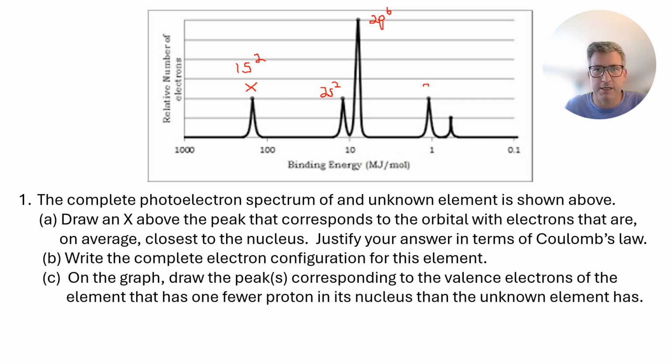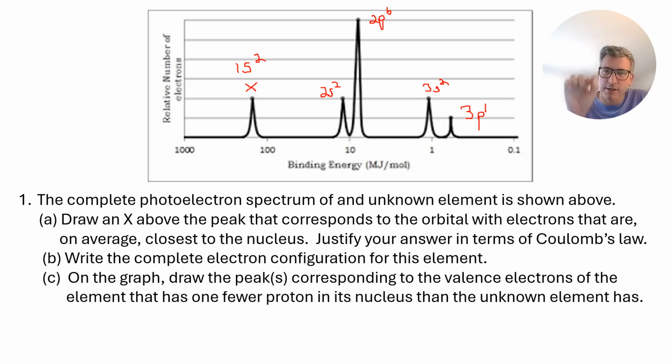Then we have 3s2. Now be careful here. This is a little tiny one here. It looks like it only has 1 electron. So this is going to be 3p1. This one didn't ask us to find the element, but that would be aluminum, right? 3p1.